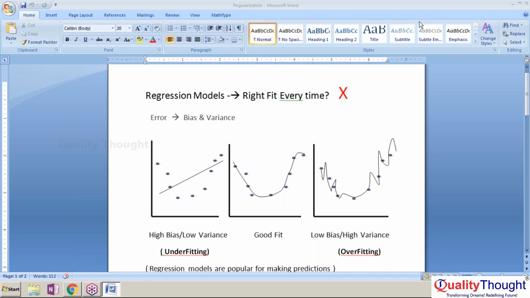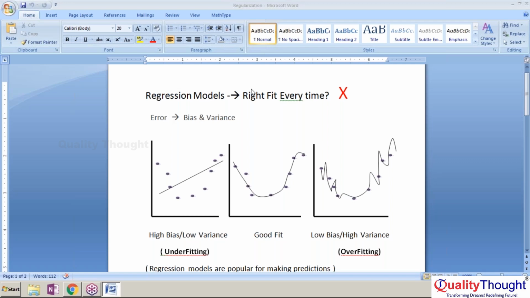So coming to the regression models, let me go ahead with my explanation. We have two different problems: one is underfitting and another one is overfitting. Regression models are not every time going to be a right fit with a high level of coefficient of determination, like a 95 percentage R square value.